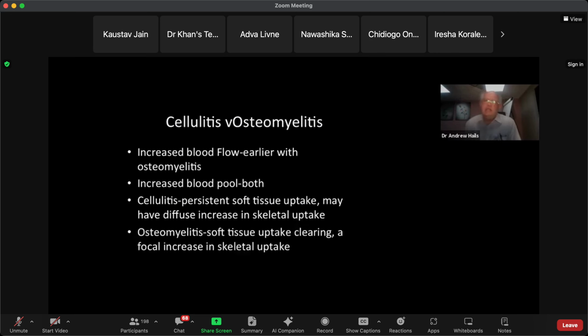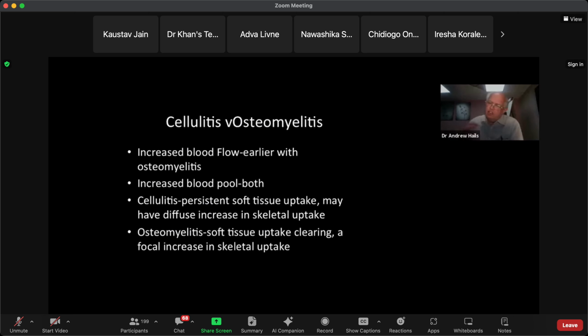It's not very easy to tell cellulitis from osteomyelitis on these scans, firstly because blood flow is increased, and in cellulitis you do get increased uptake in the area affected. But on the whole, it tends to be much more diffuse.